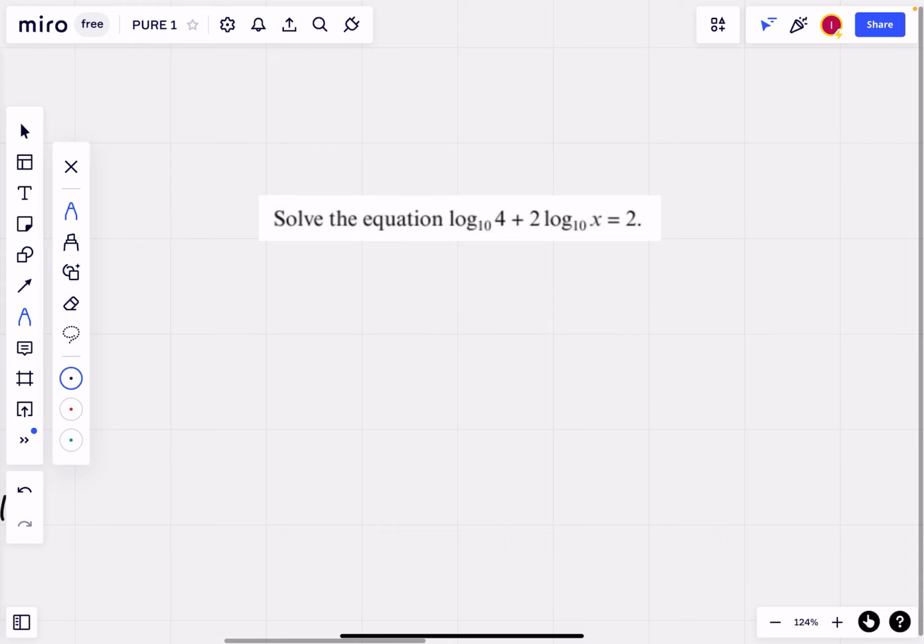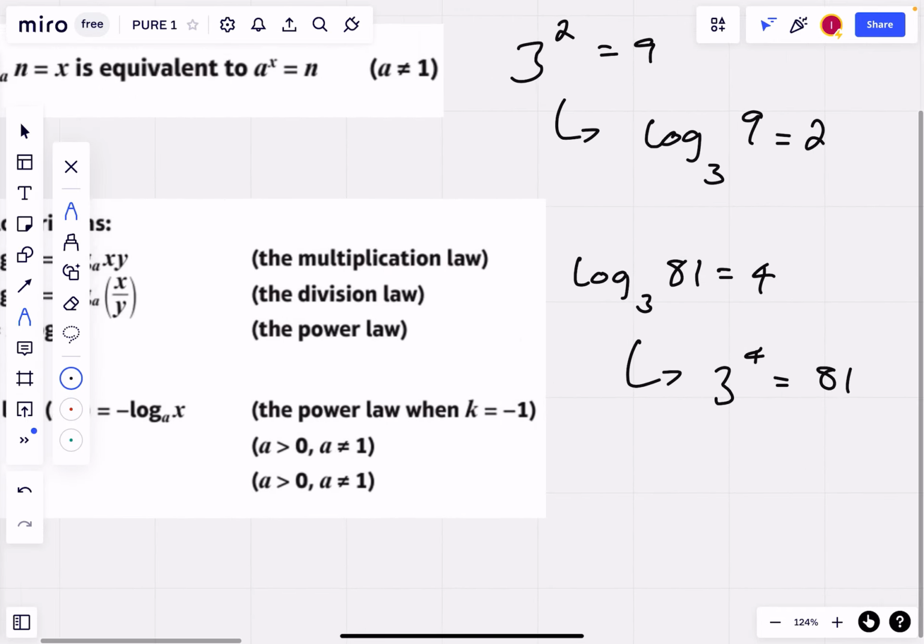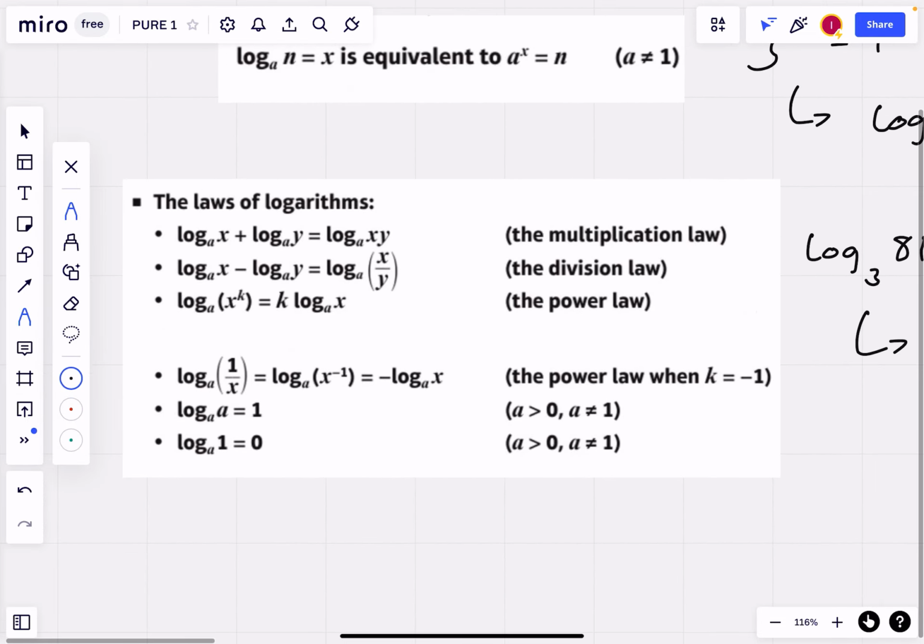The first one: log base 10 of 4 plus 2 log base 10 of x equals 2. Out of all the laws that we have, which can we use? We can use the power one and the multiplication one.